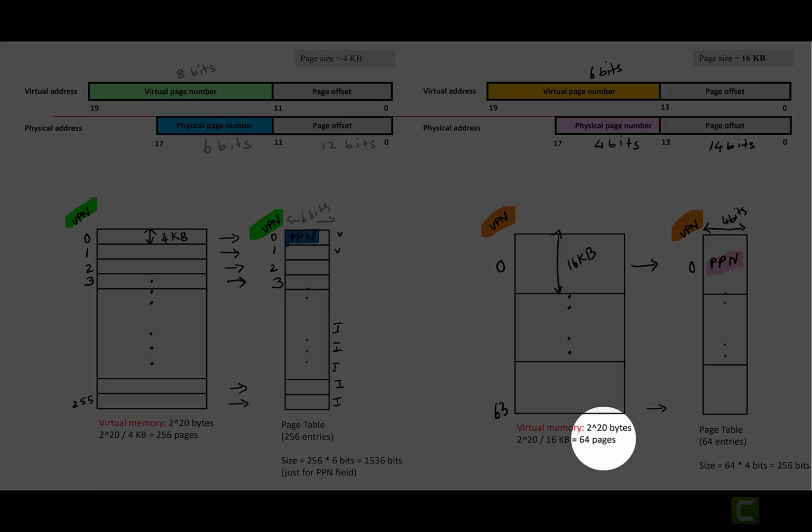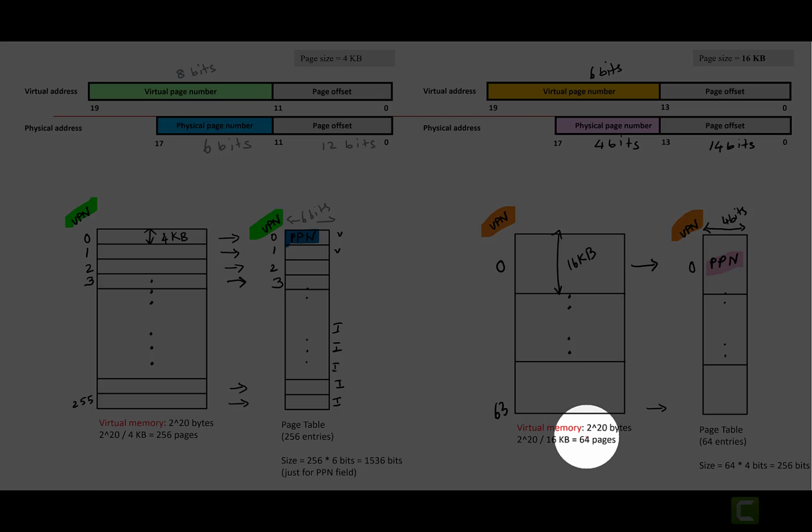So imagine I had 256 pages, each of size 4 kilobytes. When I increase the size of each page by 4 times, I would reduce the number of pages by 4 times. So now I have fewer pages. Keep in mind that the virtual memory size is still the same. I just increased the granularity of pages. That's all I did.